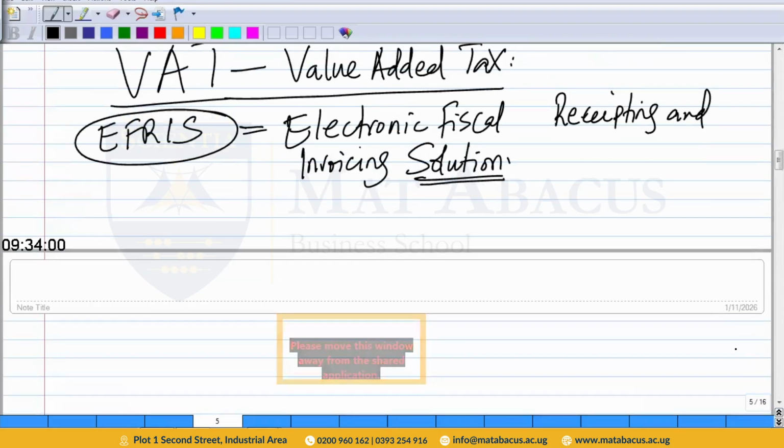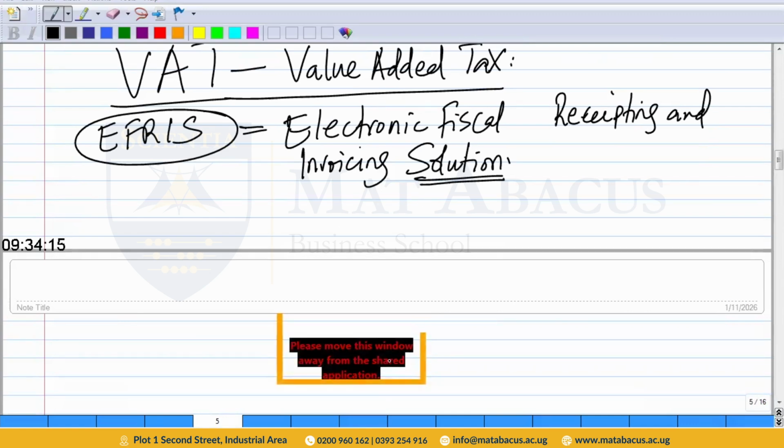So we shall look at this. How has it helped? The examiner can ask, how has it helped Uganda Revenue Authority to collect taxes? Thank you, Joan. It is not a system, it is a solution. What does it do?